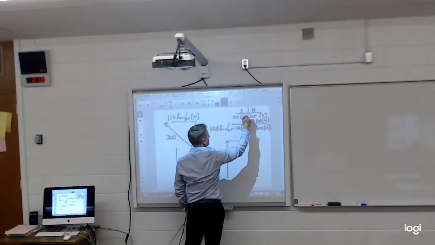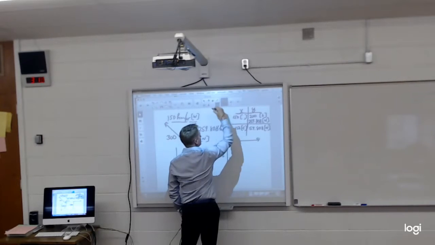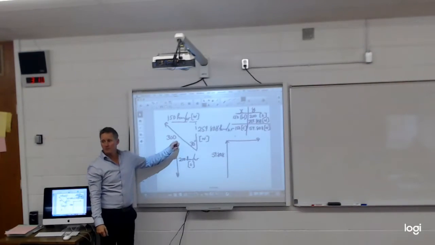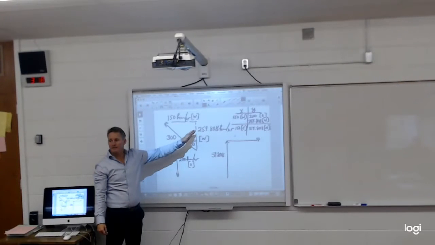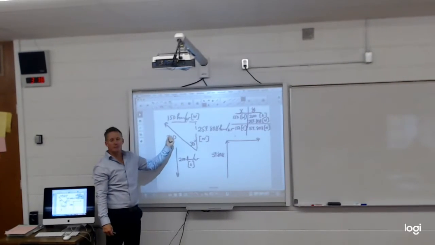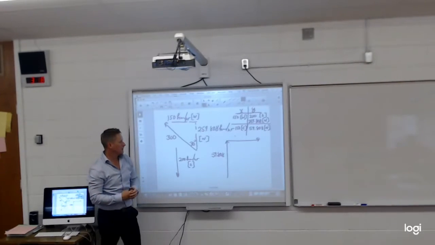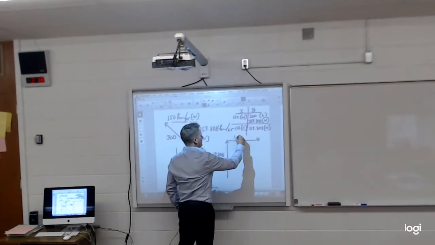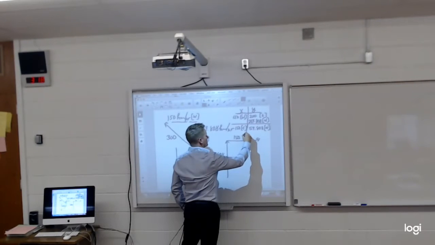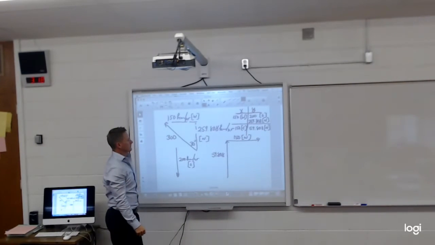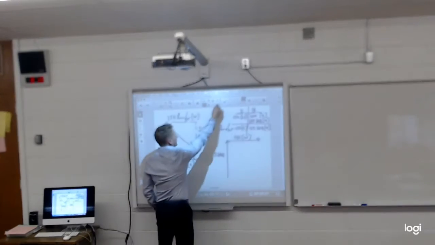I broke it into its components. This plus this gives me the 300. Okay, that's a good question. So then this is 150 to the west. Oh, it's not, it's east the way I drew it. Sorry, guys.